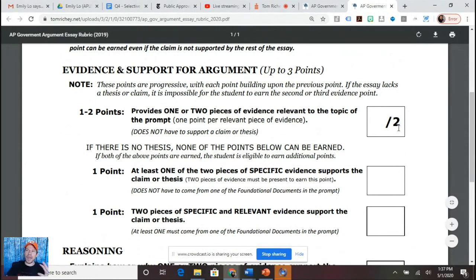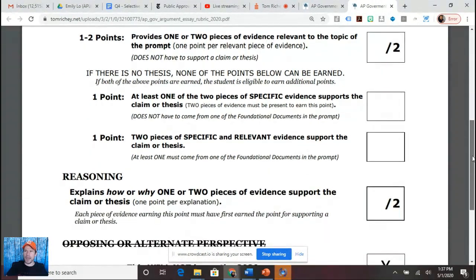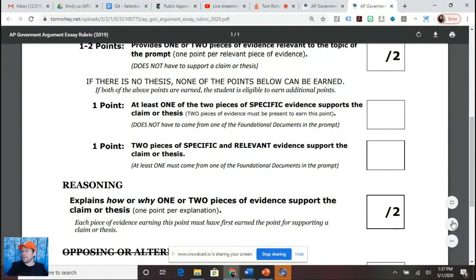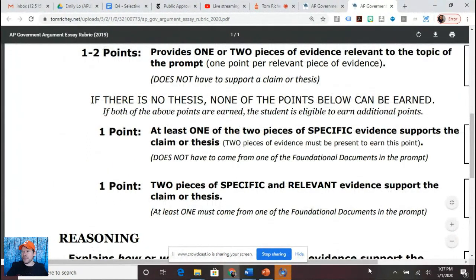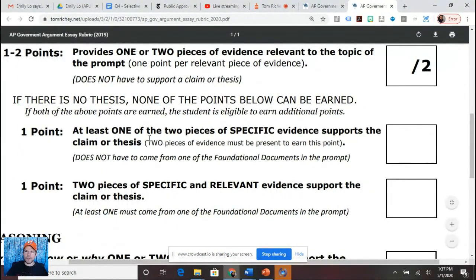So those can come from anywhere. Now, if there's no thesis, we can't go on from that. Relevant evidence is 2 of the 7 points, and everything else is somehow tied to the thesis. As long as you've got a thesis, you can get an additional point if one of the 2 pieces supports the thesis.